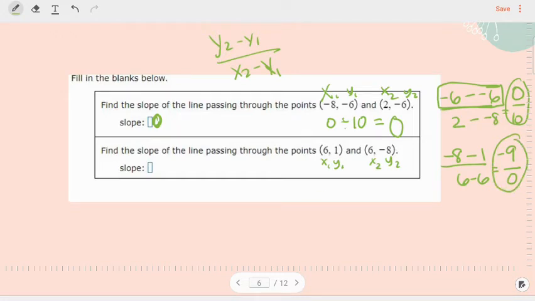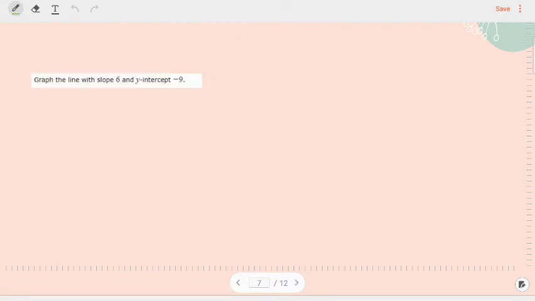If you type -9 divided by 0 into Desmos, you can see that my answer says undefined. So when I have 0 on top, my slope is 0. When 0 is in the denominator, it is undefined. So make sure you're paying attention to where that 0 is, because that will affect your answer.